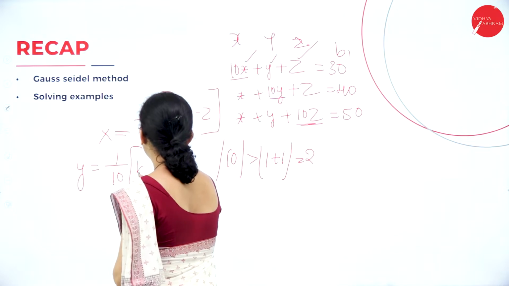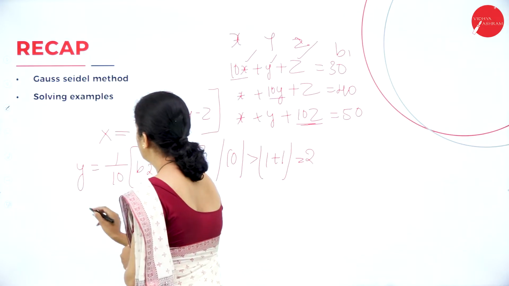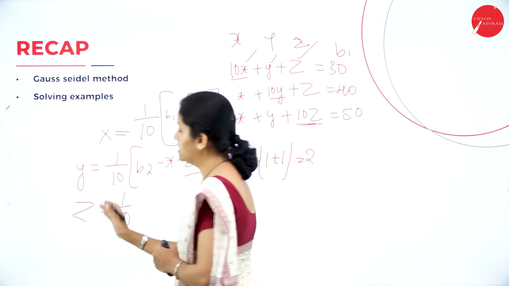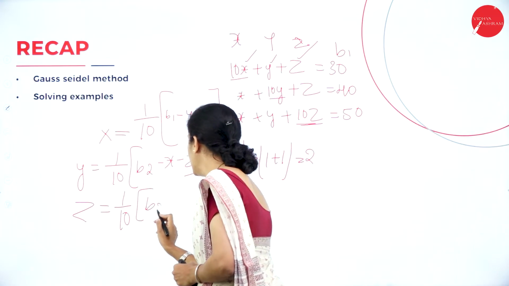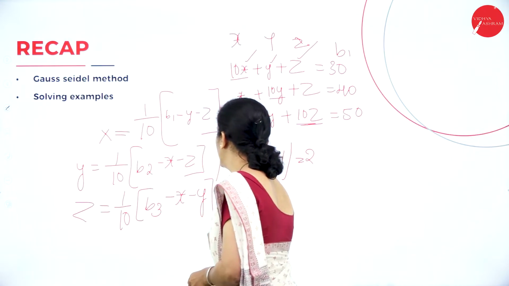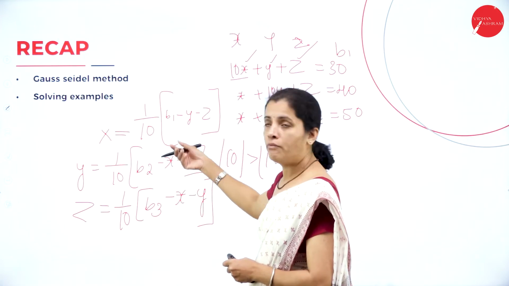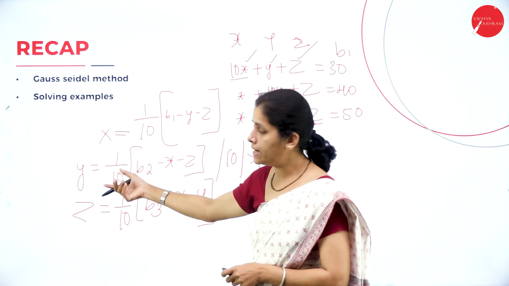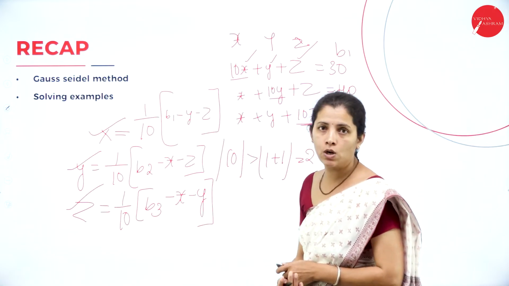So, I have b2 minus x minus z. Now, to find out z, I'm going to take z outside. Now, 1 by 10, b3 minus x minus y. Okay, this is the way I'm going to find the solution for x, y and z. So here x, y, z are the 3 unknowns.